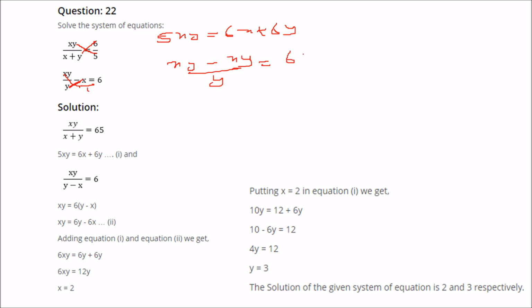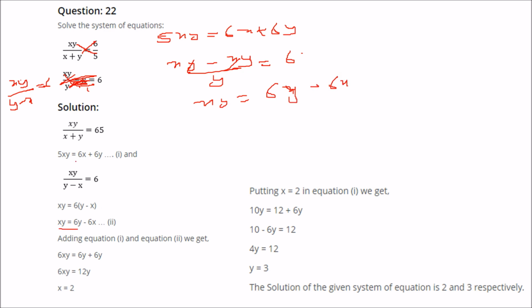I just need to change this equation, because I am getting a 0, so this is not a good equation. We'll just change this equation. Xy by y minus x equal to 6. What do you get? Xy will be equal to 6y minus 6x. So this is now our second equation.